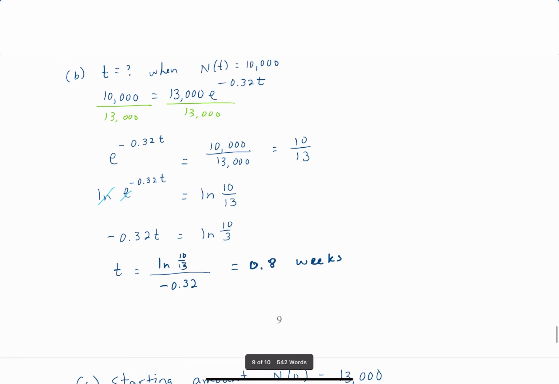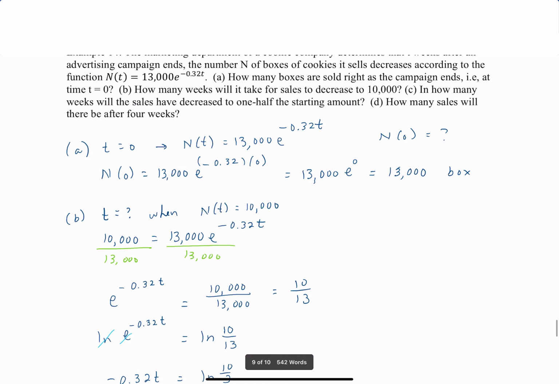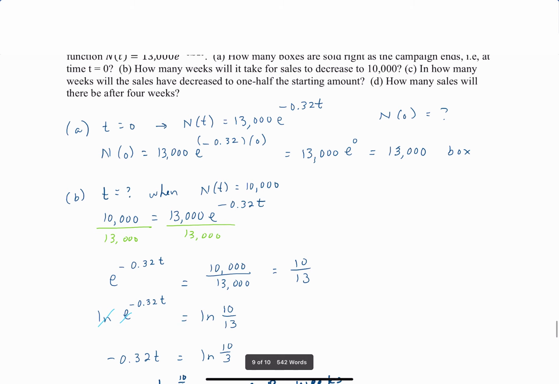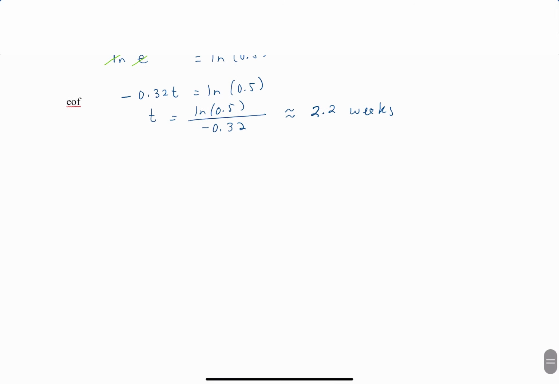What was the last question on here? How many sales will there be after 4 weeks? Notice this time we're being given a time value. We're told 4 weeks. We're told t = 4. So the question is asking us, what is N(4)?